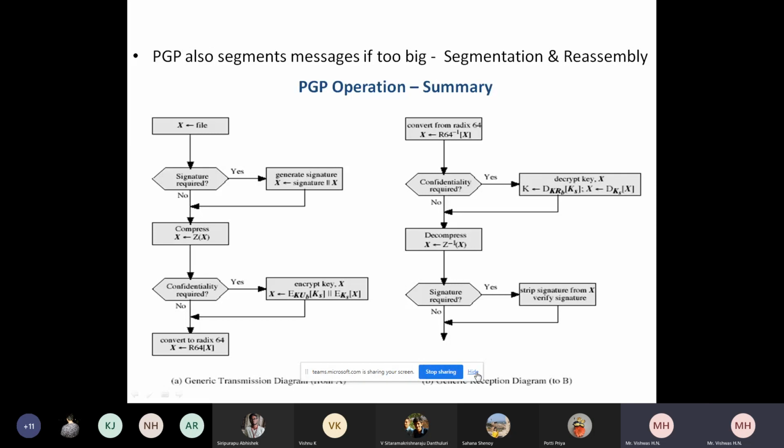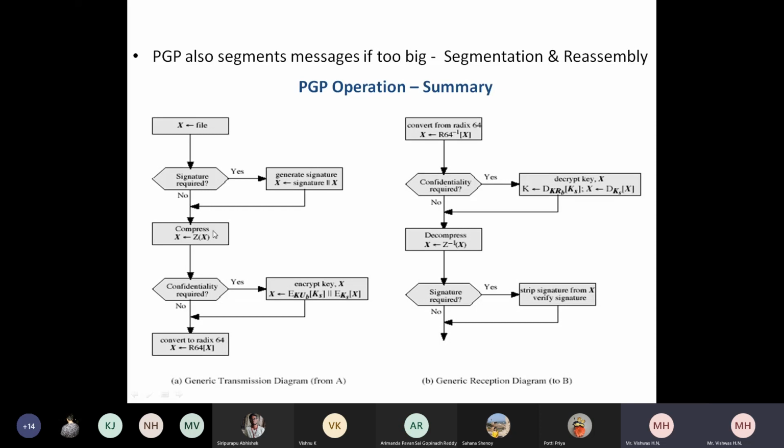A very important diagram. The first diagram A is the transmission diagram, how transmission happens. If there is a file X, check whether the signature is required. If yes, generate the signature, and after generating the signature, you go for compression.